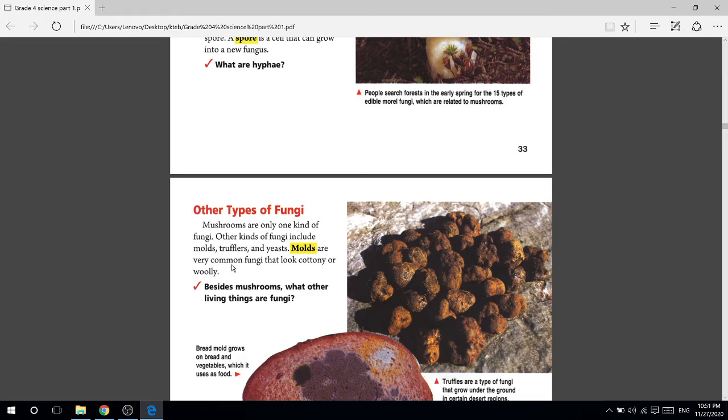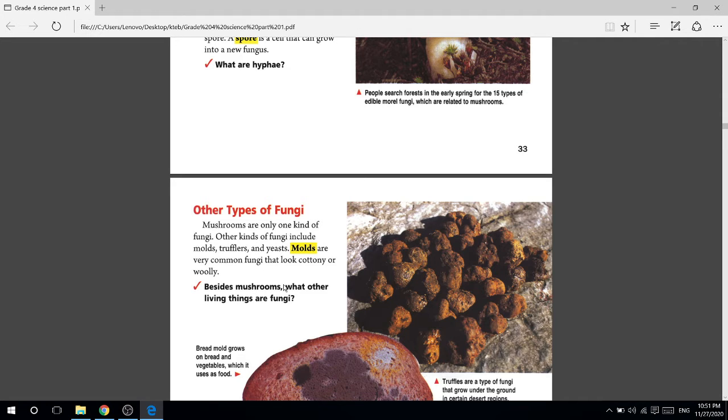Molds are very common fungi that look cottony or woolly. Okay students, molds are a very common type of fungi.